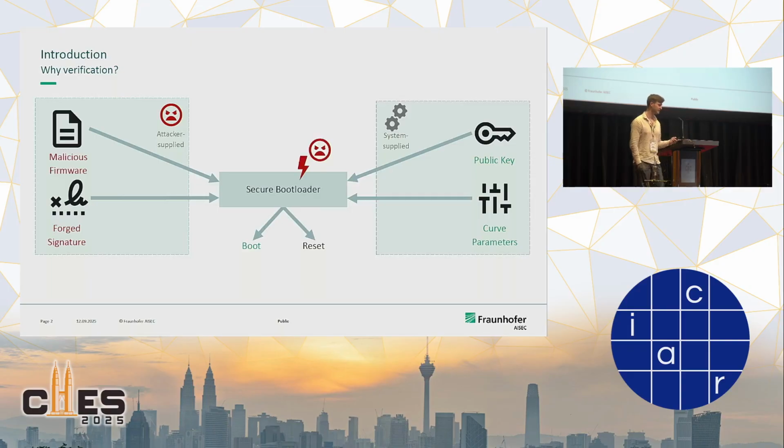In addition to that, they will also have to introduce some fault at some point. They can either do that in the bootloader directly, in the implementation of it, or something which also is possible is that they attack the input parameters such as the public key or the curve parameters with some kind of fault. This latter example is what we're going to look at first now.